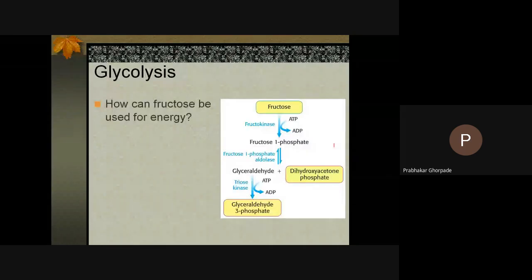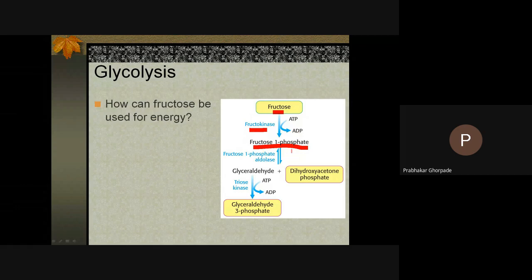Now other molecules. We saw the glucose molecule can get converted into pyruvate. What about fructose? With the help of fructokinase, fructose is converted into fructose 1-phosphate, with ATP converted into ADP.